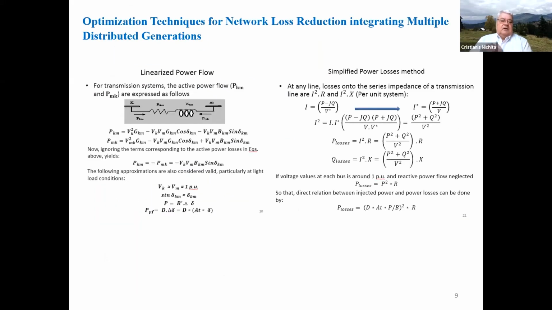Another method for optimization that we use for integrating multiple distributed generators is to linearize the power flow, and we obtain what we call the simplified power loss method.